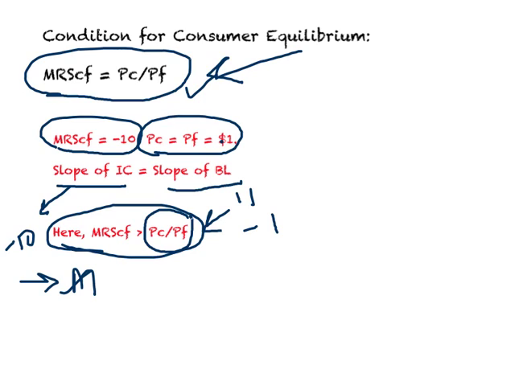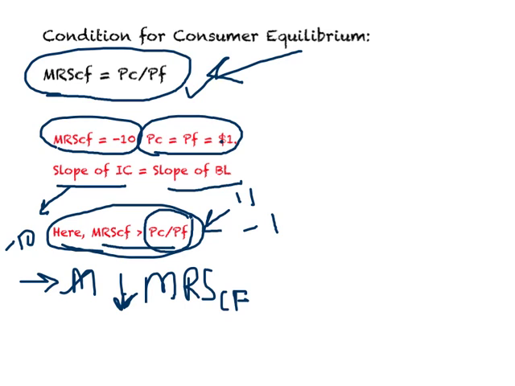Now, since we want equality between MRSCF and PC by PF, we know we cannot alter PC by PF. And so in a mechanical way, what this implies is we should take steps to reduce MRSCF. And when we reduce MRSCF, what should happen?